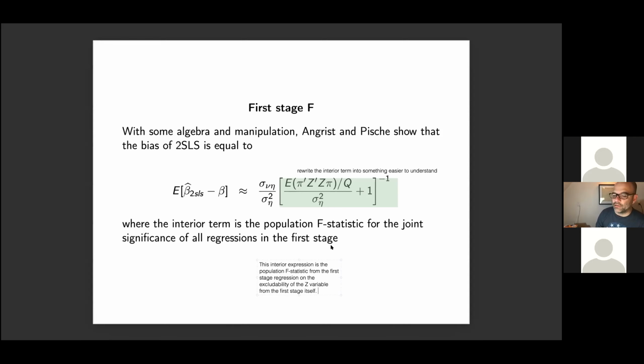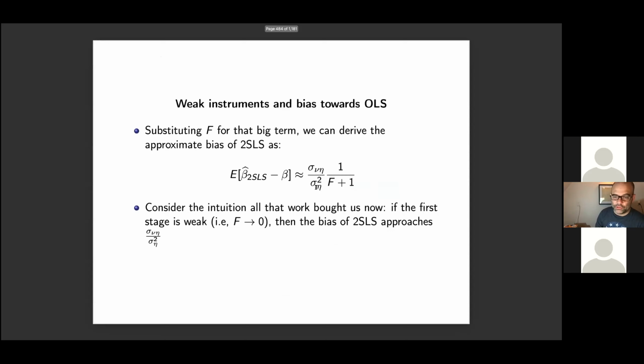That's the expression of the F statistic. So we're going to rearrange that, substituting F for that big term. We can rearrange it one more time, and we get this expression.